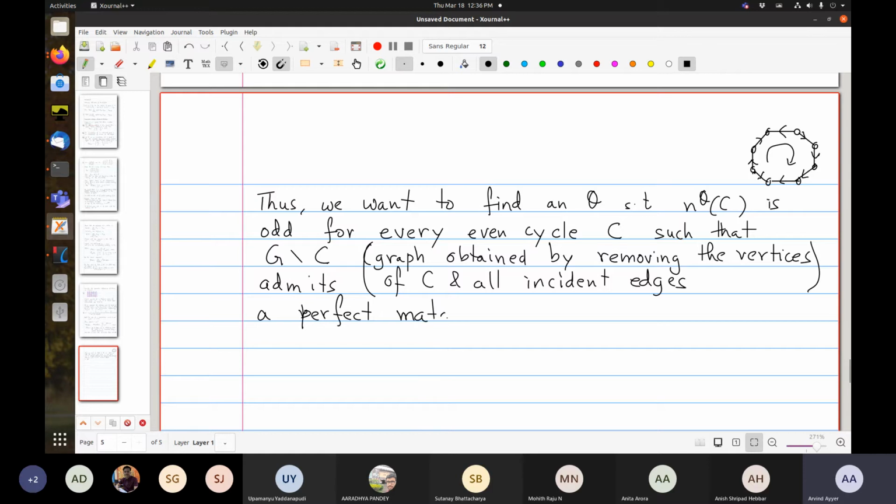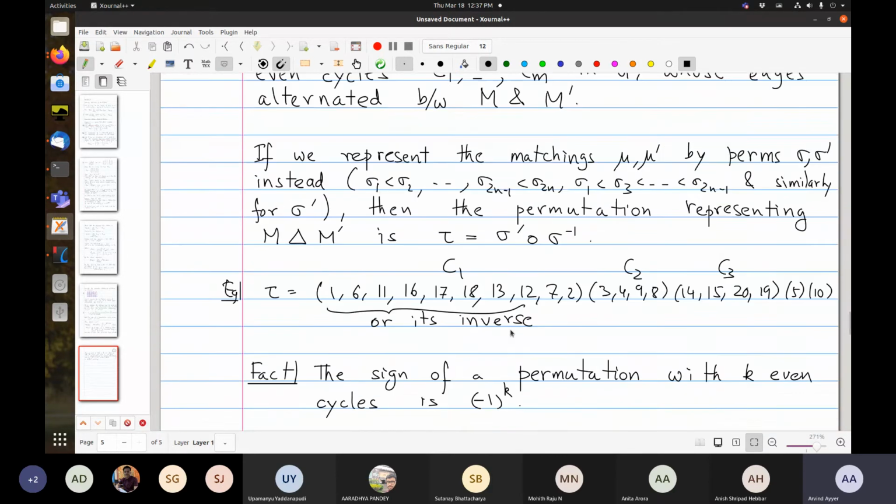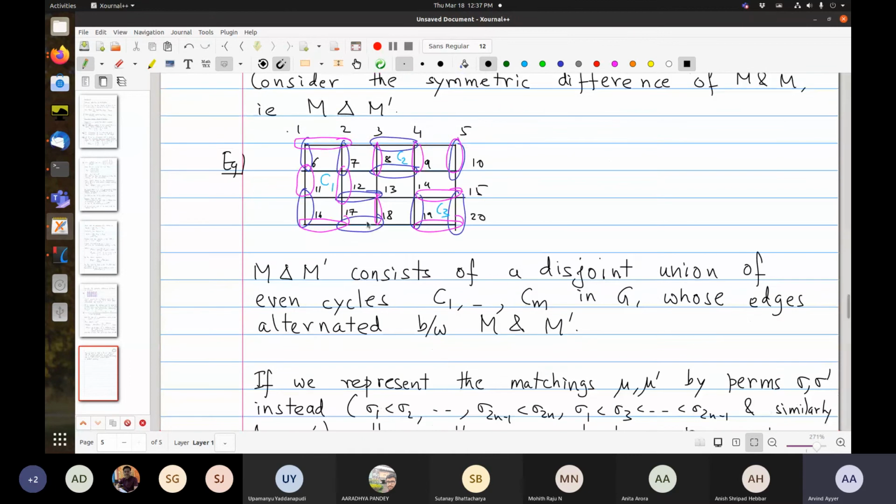Because you don't care about even cycles which, when you remove them, give you something which does not admit a perfect match. Because that's not possible. Once you remove C, you should still have something that has a perfect matching. So in this example, let me use some other color, say orange. Suppose I consider this cycle. So this has 1, 2, 3, 4, 5, 6, 7, 8 vertices.